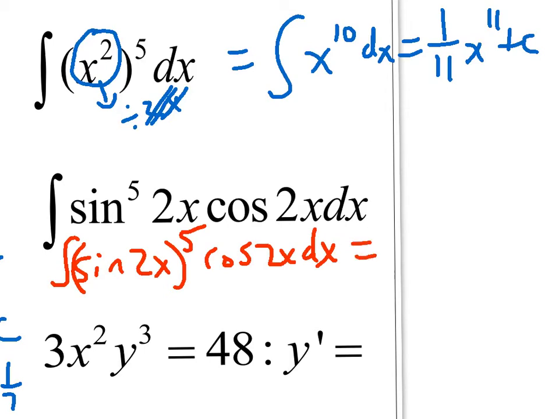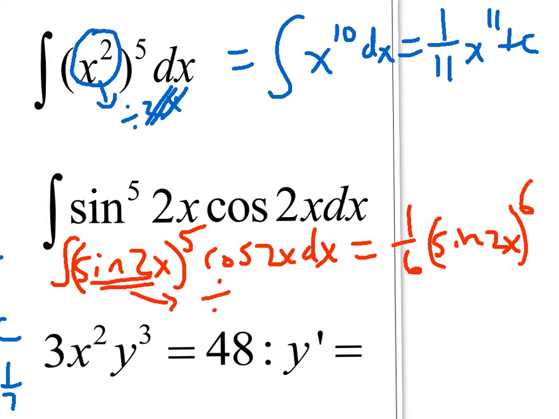So I'm going to antiderive that by anti-powering it, 1/6 sine of 2x, leave the inside alone, to the 6th power, divided by the derivative of the inside. The derivative of the inside here is cosine 2x times 2. And the cosine 2x actually cancels, but the dividing by 2 doesn't. So I have to throw in a 1/2 here, and then plus c.